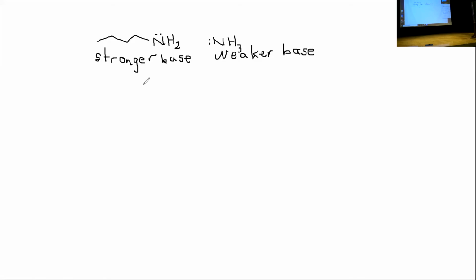Like I said, I sure don't want you memorizing any numbers. The reason you get more electrons around this nitrogen is because there's electron density in the carbon-carbon and carbon-hydrogen bonds that you don't have in just the one nitrogen-hydrogen bond. That makes this lone pair more reactive because there's more electron density around that nitrogen.